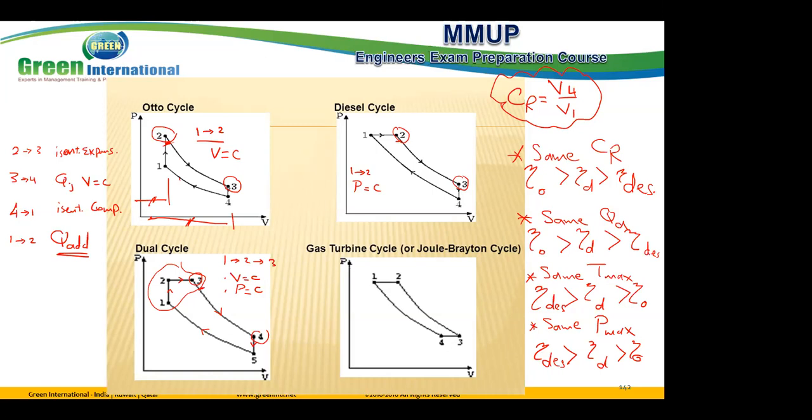In this case, diesel has the higher efficiency and Otto the lowest. Last, if we fix all at the same maximum pressure, the efficiency for diesel is higher than dual, which is higher than Otto. So if all cycles have the same P maximum or T maximum, diesel is the top. If the same Q added or compression ratio, Otto is the top.